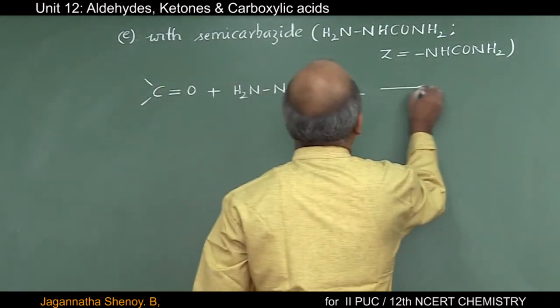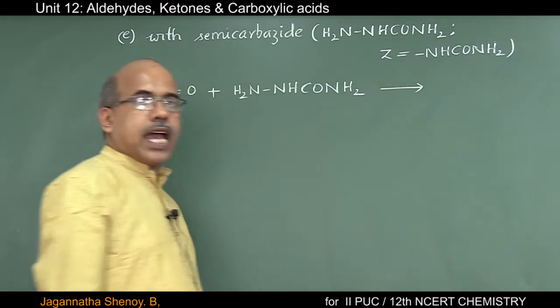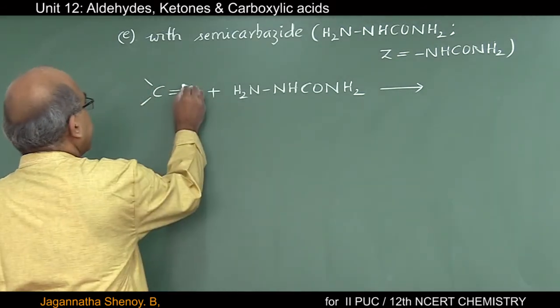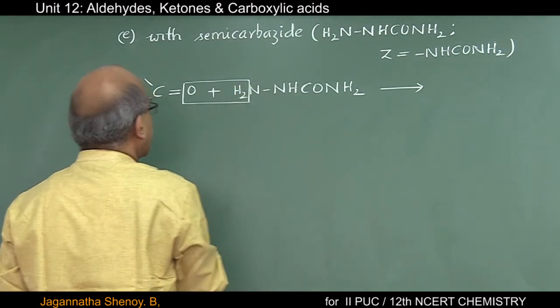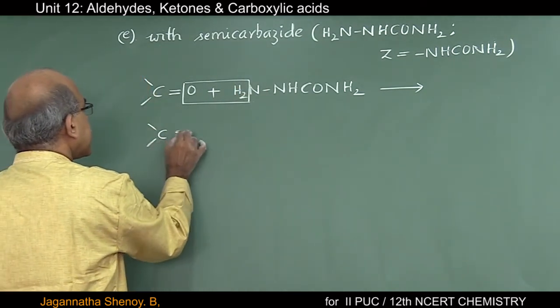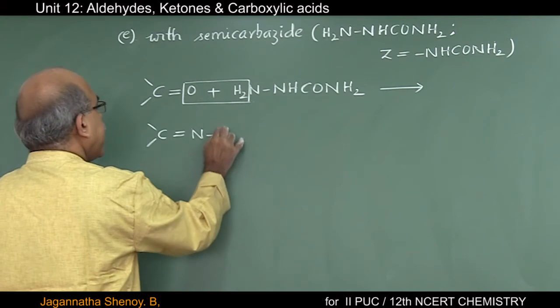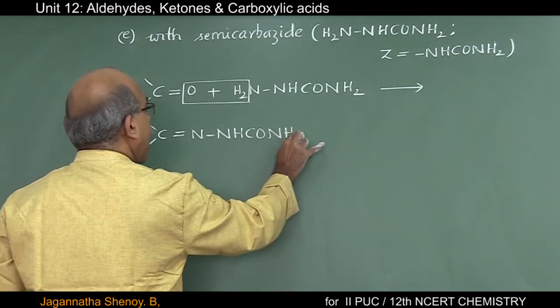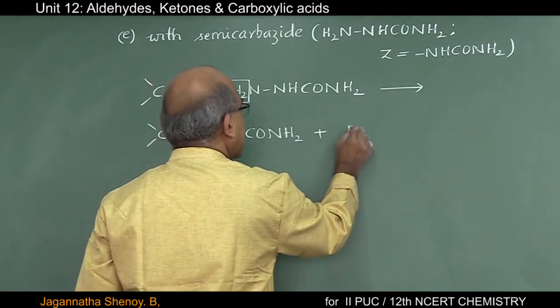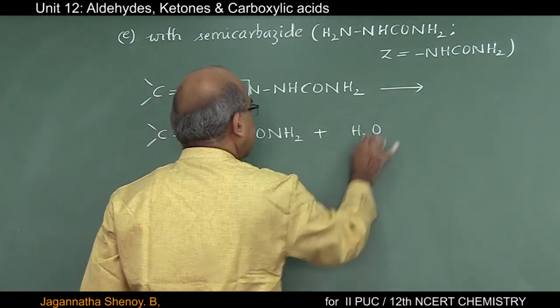So just like the previous case, we consider reaction in weakly acidic medium. So one oxygen and two hydrogens get removed. And what we get is C double bond N, NHCONH2. Along with that, we get a molecule of water.